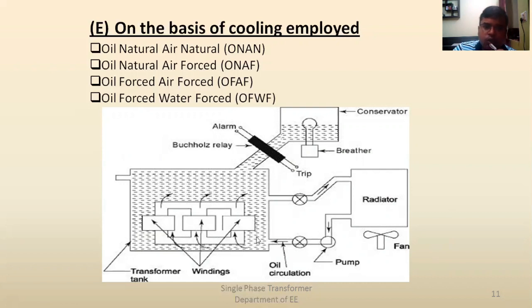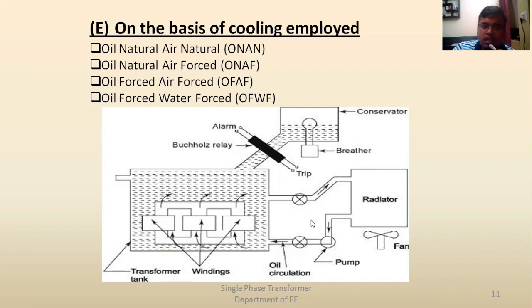This cool oil will get heated up in the windings or core, due to the core losses or copper losses, again it will go up, and like this it will move. So this is the natural process. This is called oil natural. And in the radiator there is a natural flow of air, so due to that, it cools itself. So this is called ONAN, oil natural, air natural.